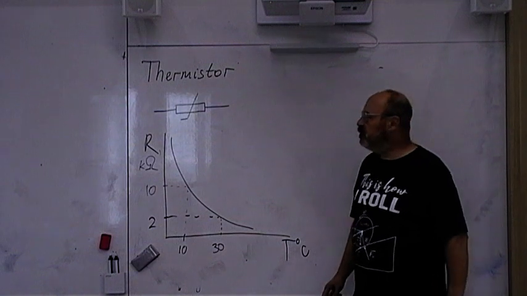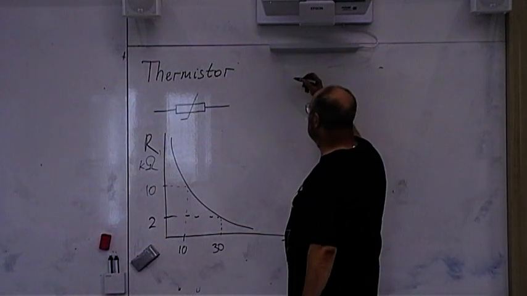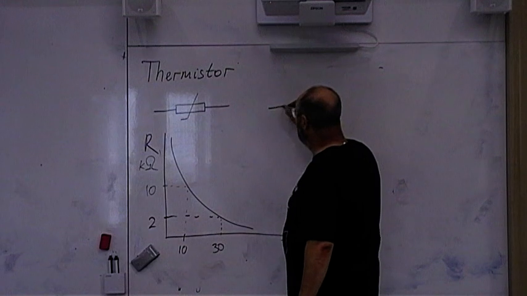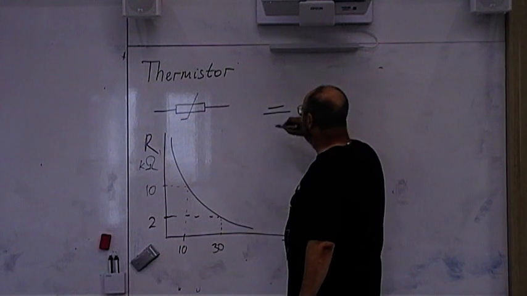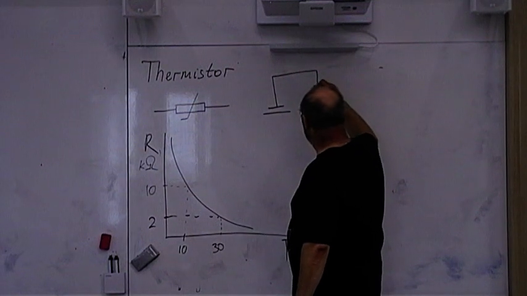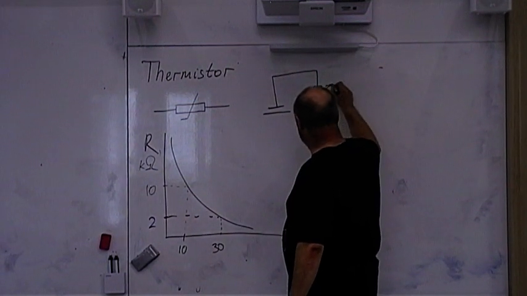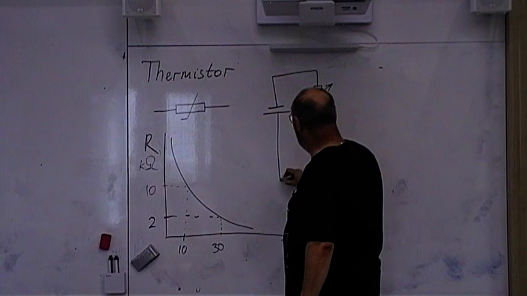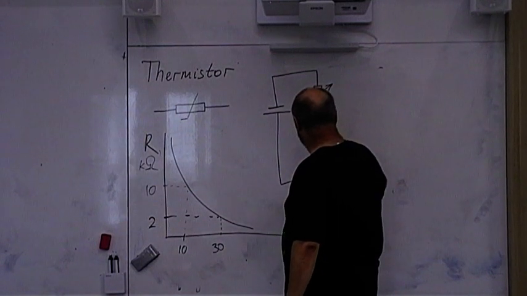Now, if we have a voltage divider, so we have a power source, a variable resistor, and a thermistor.